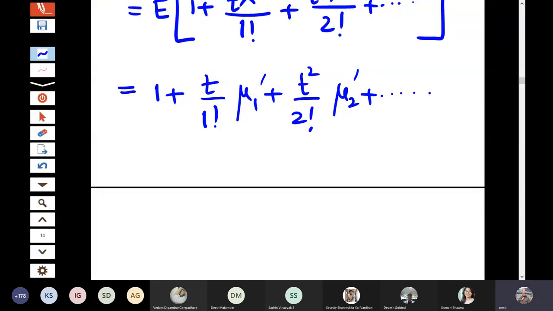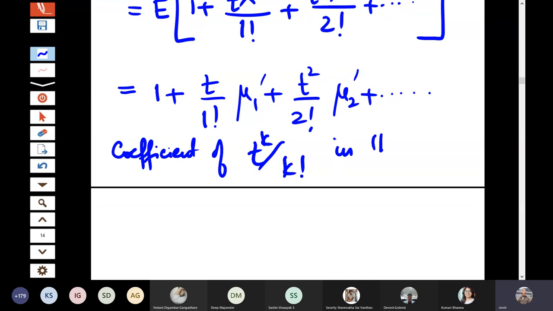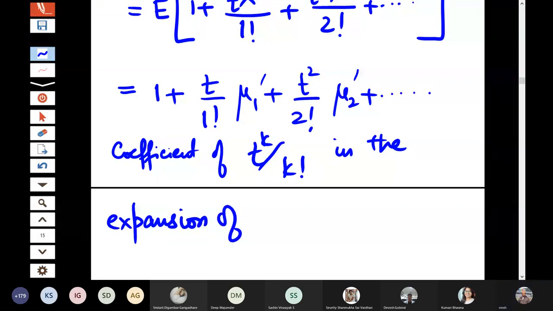So you are getting a power series, and the coefficients of the power series involve the moments. Actually, the coefficient of t to the power k by k factorial in the expansion of the MGF is mu k prime, that is the kth non-central moment.